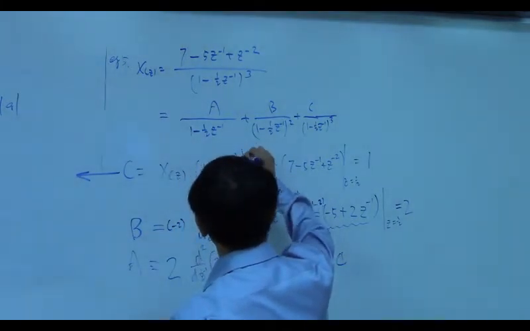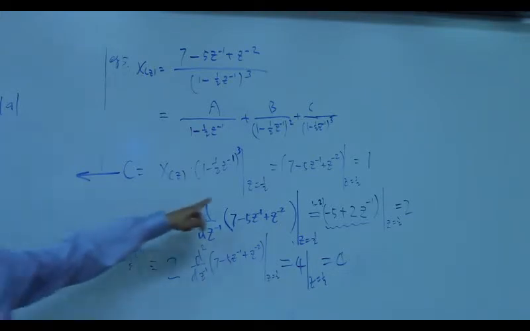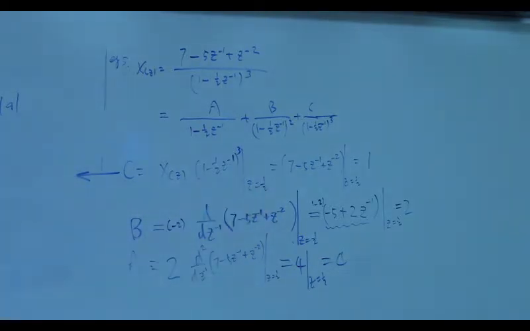So this is 1, then to the power of 3 here, right? And then you let z equals p_i. That one we get equals the first one. That is the formula for the first one, and we did follow this formula.